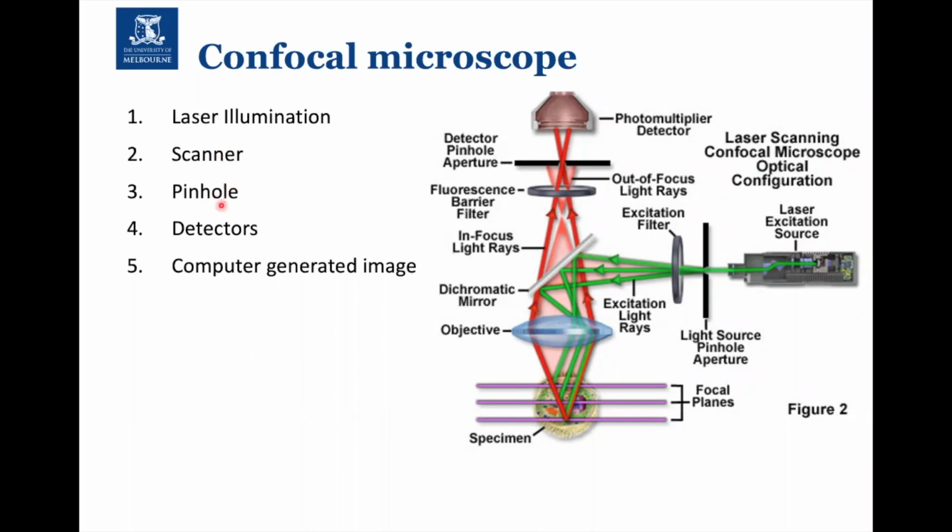We have a pinhole, which is the thing which is giving us that thin optical section that's sitting in front of a detector. And then finally, we're going to talk a little bit about the fact that we're generating an image here through this confocal detector. So very similar optically set up, but obviously with different components along the way.